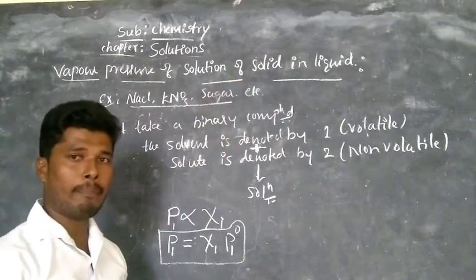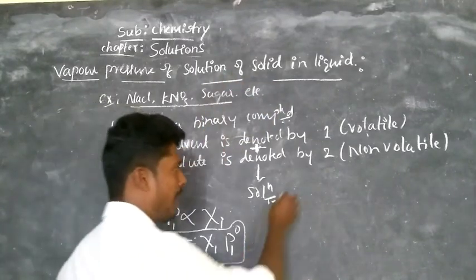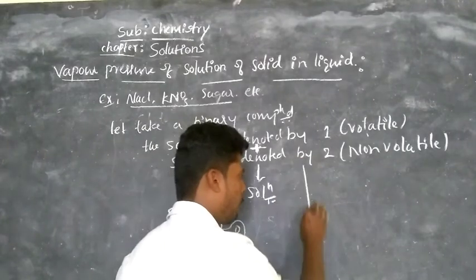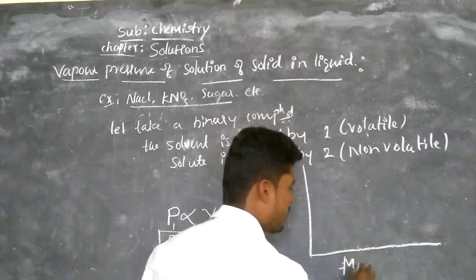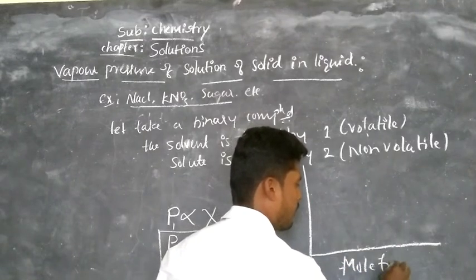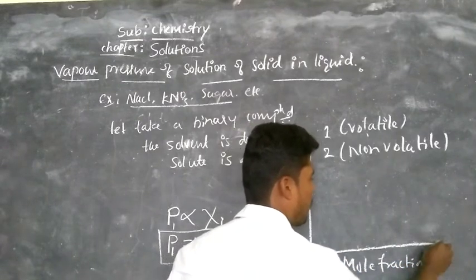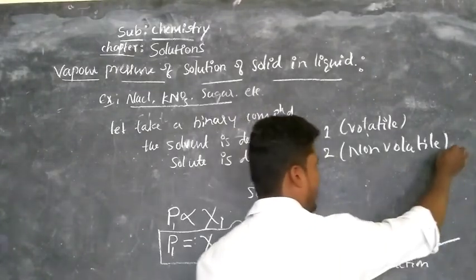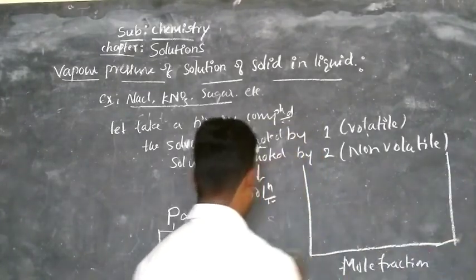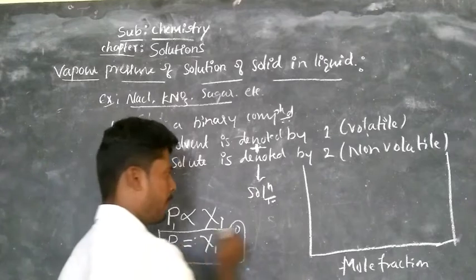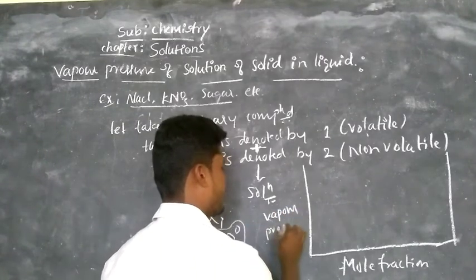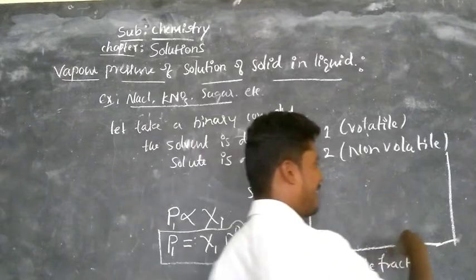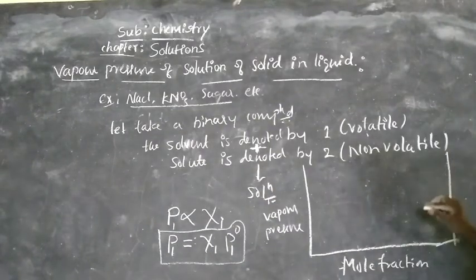Now this can be plotted as a graph to understand. Let's take the mole fraction on the x-axis and take the partial pressure or vapor pressure on the y-axis.